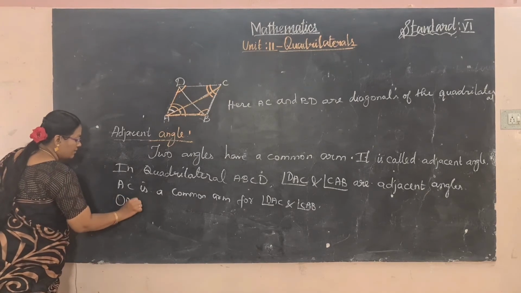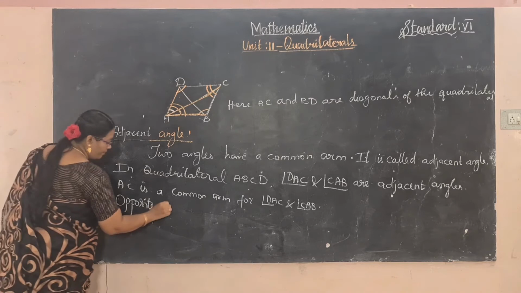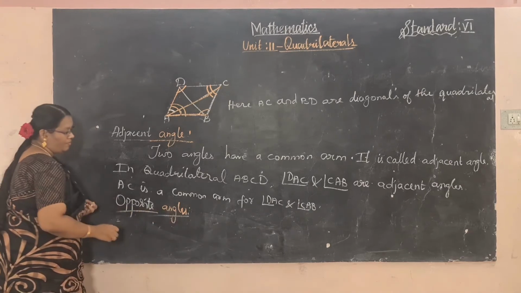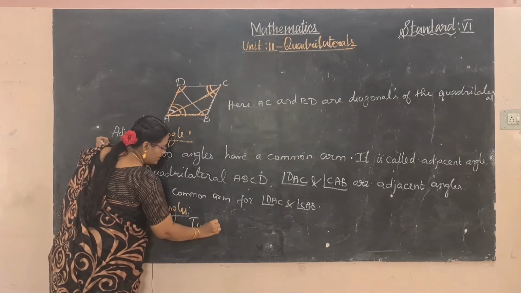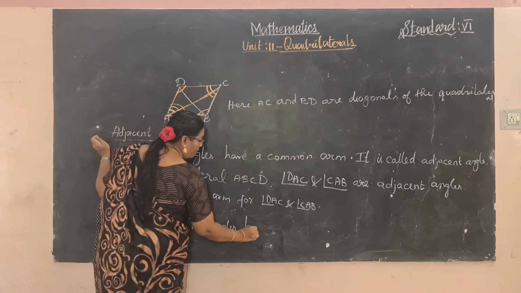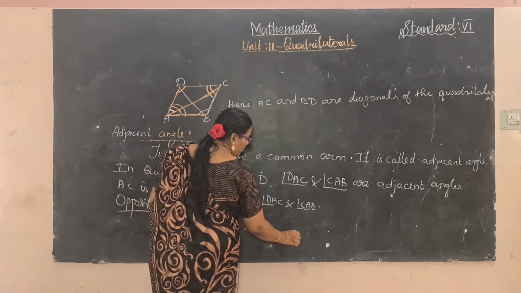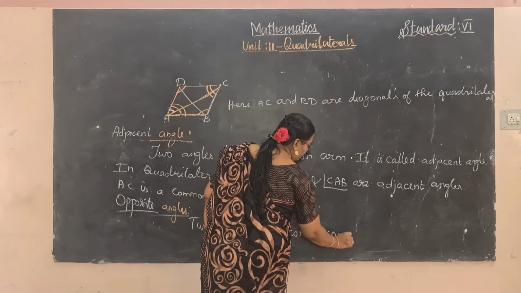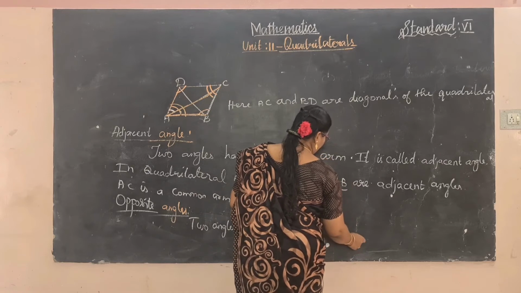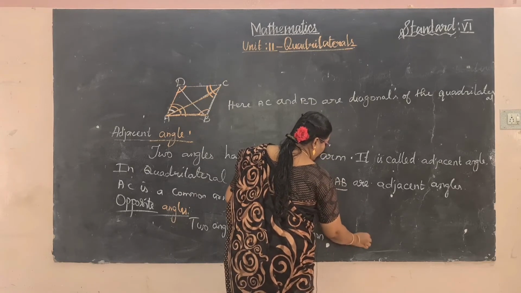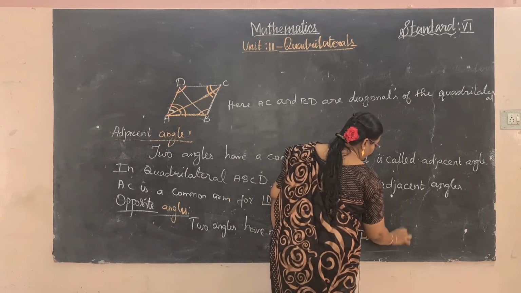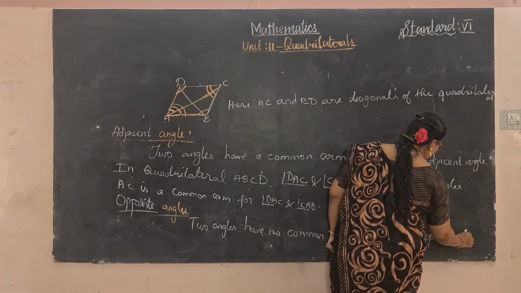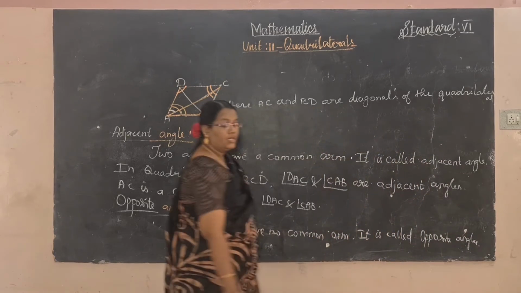So opposite angles means two angles have no common arm.